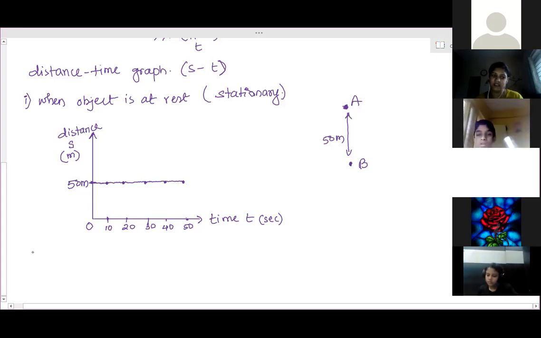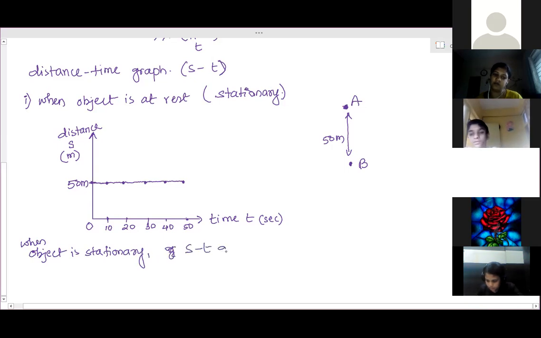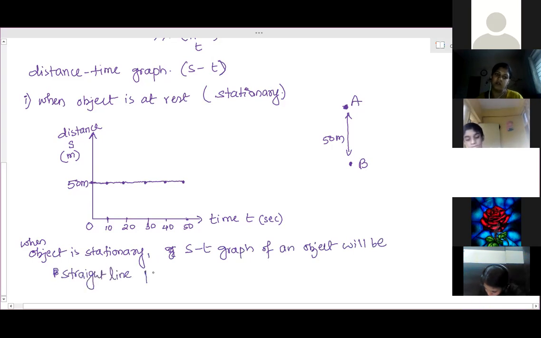So when the object is stationary, the distance-time graph of the object will be a straight line parallel to the time axis. And time is on the x-axis, so parallel to the x-axis.